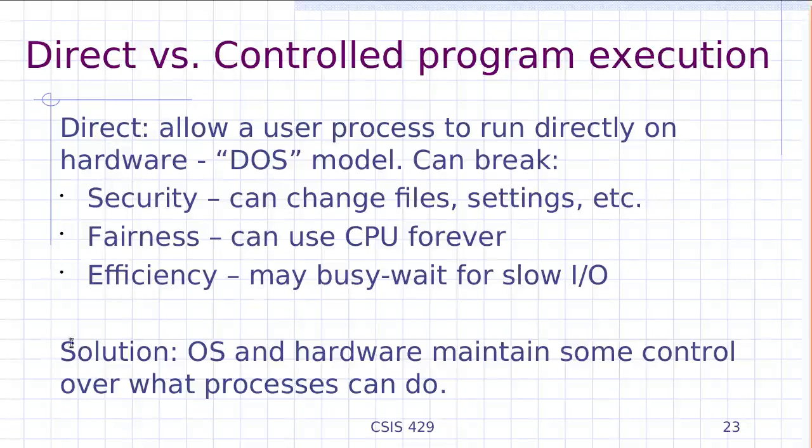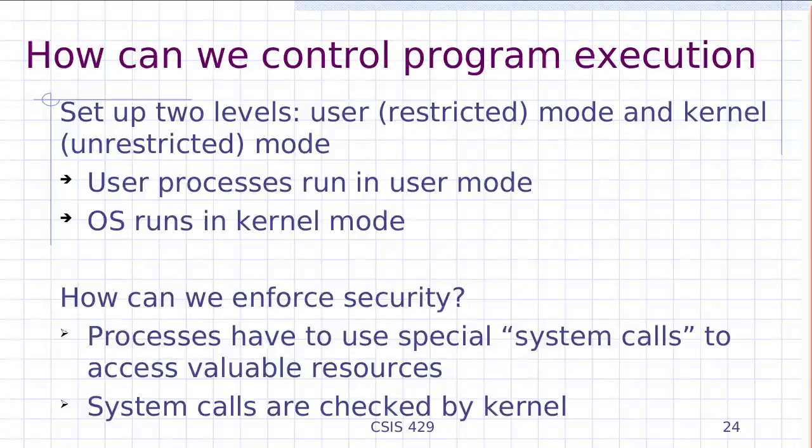The solution was to use an operating system, and you maintain some control over what these processes can do, which means you can't do anything that you want anymore in programs. You have to play by the rules. That's called controlled program execution. The OS controls.